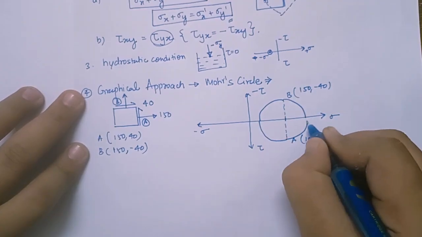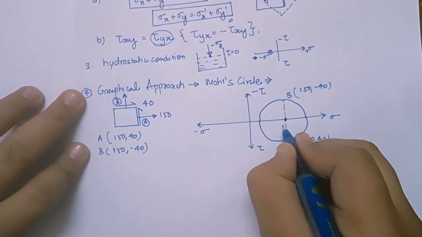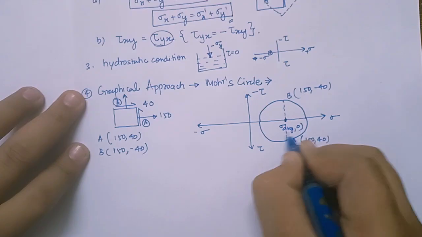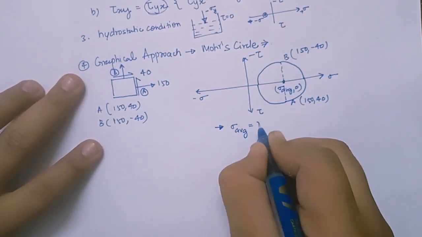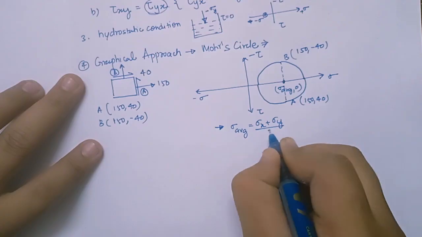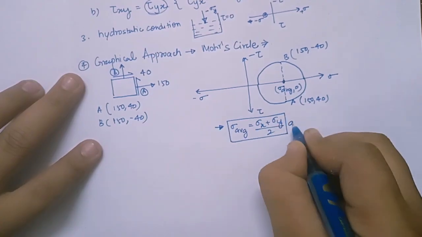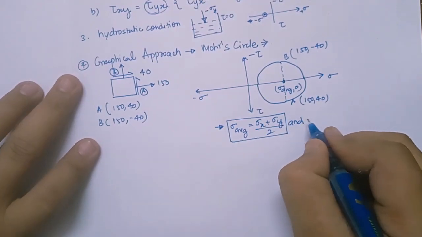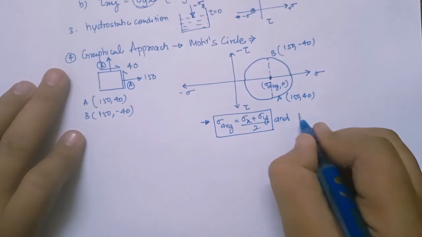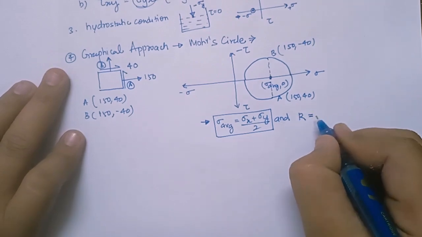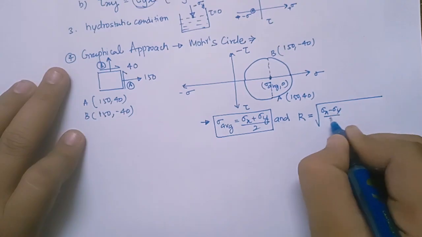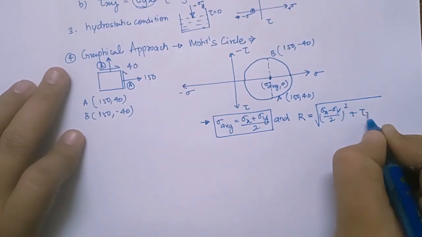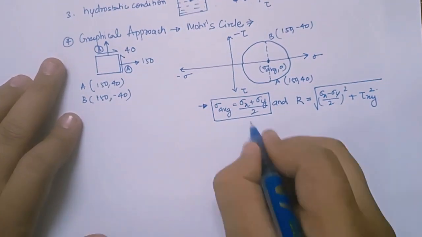Here is the center, called sigma average comma 0. Two things you should know: sigma average is sigma x plus sigma y by 2, and the radius is given by the square root of sigma x minus sigma y by 2 whole squared plus tau xy squared. So these two are important things.